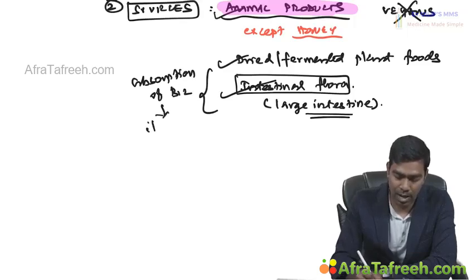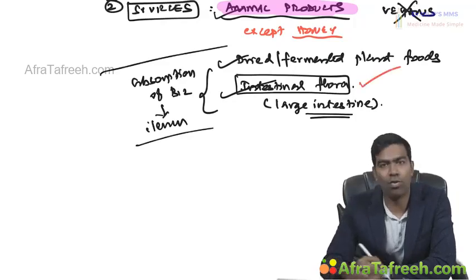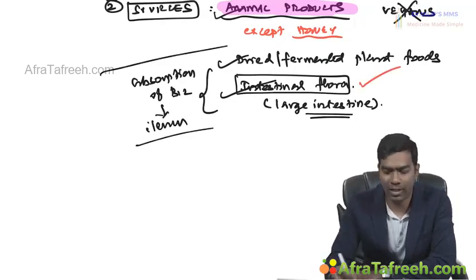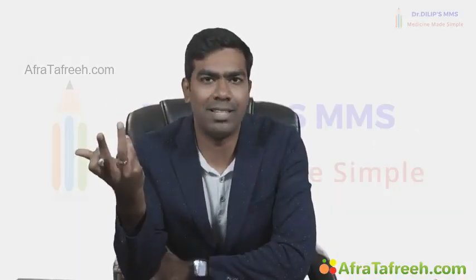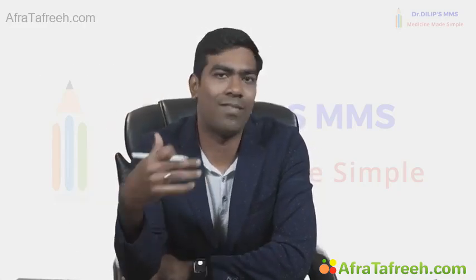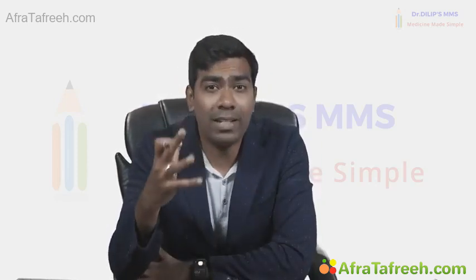Which means even though your intestinal flora synthesizes B12, it is useless, because the synthesis happens after the area where B12 is going to be absorbed, that is, after the ileum. So that is not going to be of any use. That is the reason why consumption through diet is very important for avoiding B12 deficiency.